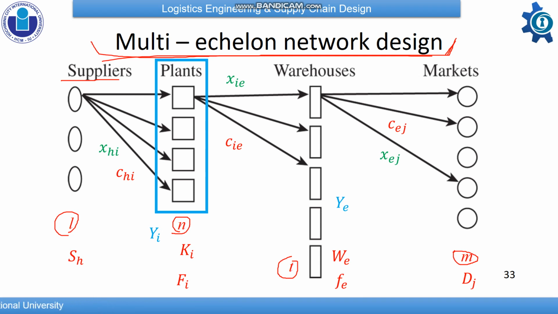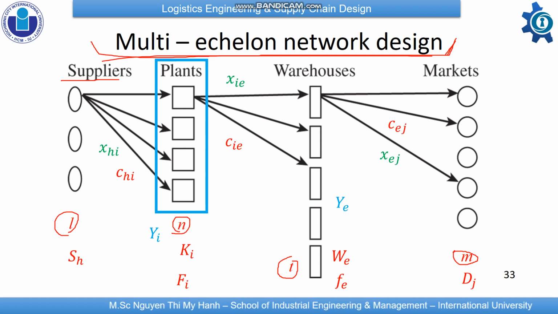So it's like multi suppliers, multi plants, multi warehouses, and multi markets. This whole network, we call our multi-echelon network.